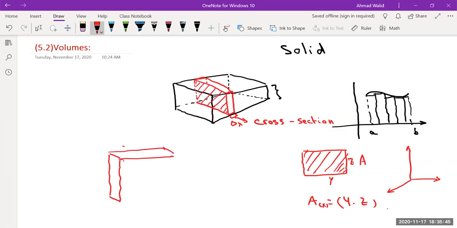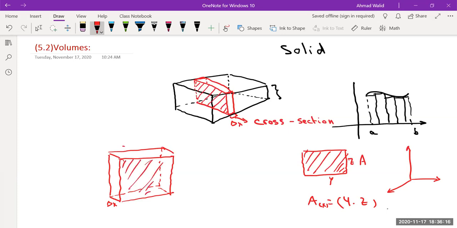Think this is that slice that I brought out from there, correct? That's your slice from there. This thickness, I'll name it delta X. Correct? And this is your surface area.